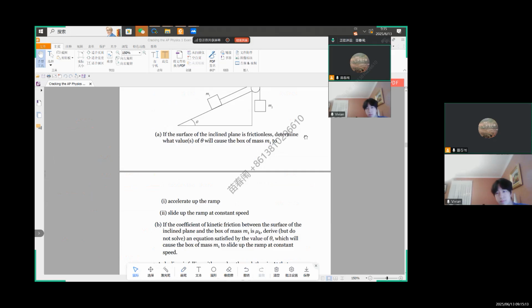And so what we do for A before is going to help us with B. If the coefficient of kinetic friction between the surface of the incline and m1 is mu k, derive, but do not solve, an equation satisfied by the value of theta which will cause m1 to slide up the incline at a constant speed.